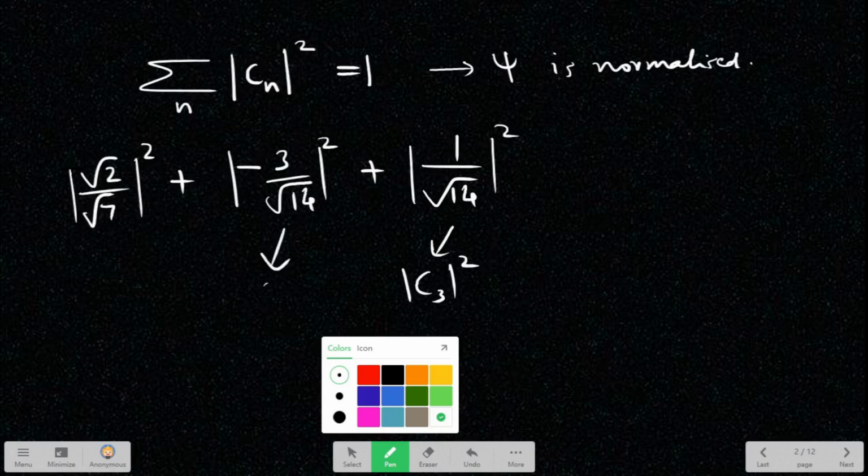There are 3 terms, so summation will run from 1 to 3.